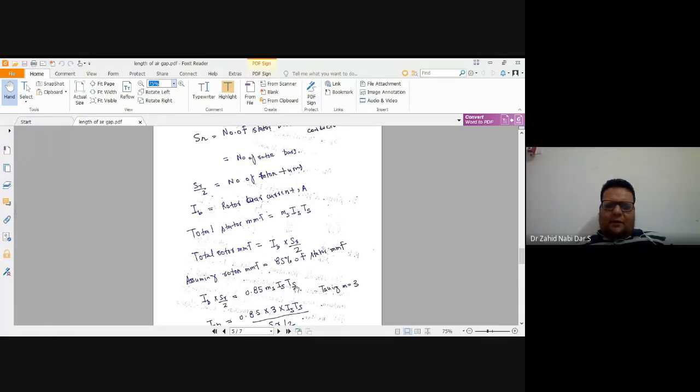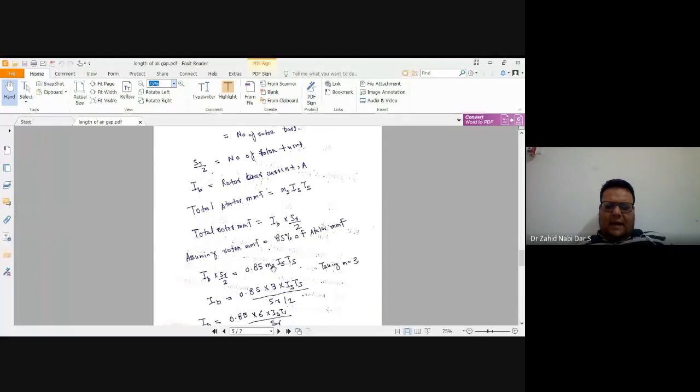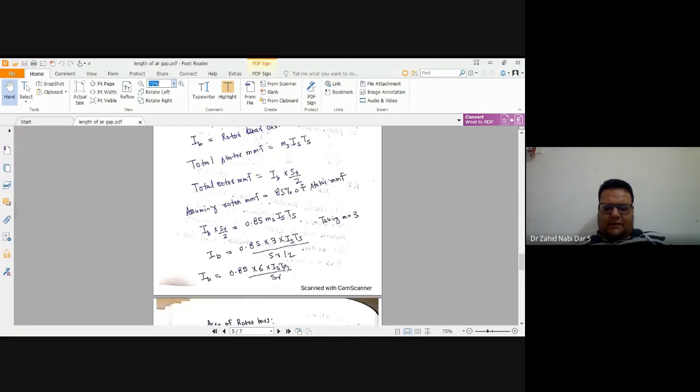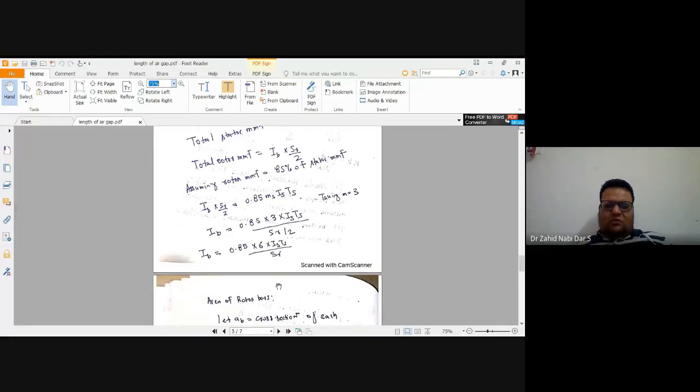Now for a three phase induction machine, this m would be equal to 3. So we can write IB into Sr by 2 equals 0.85 into 3 into Is into Ts, and we take the 2 into the numerator. Finally we get IB equal to 0.85 into 6 into Is Ts by Sr. So this was about how to calculate IB, the rotor current.